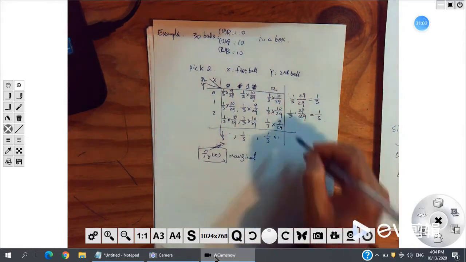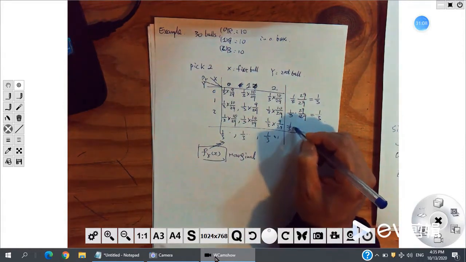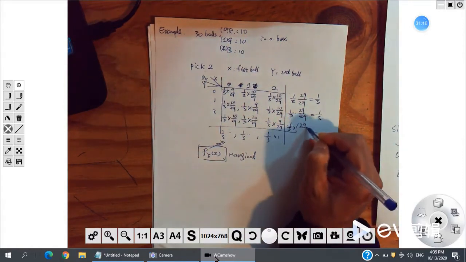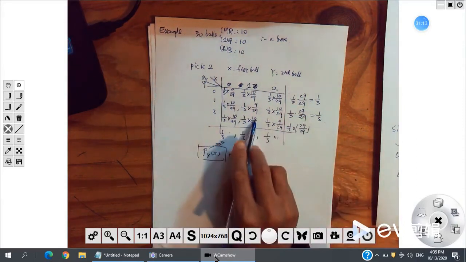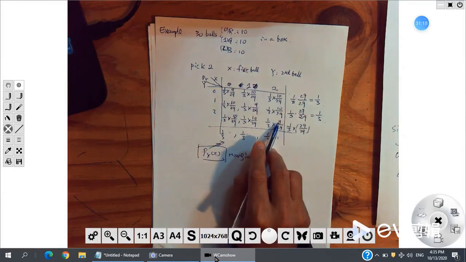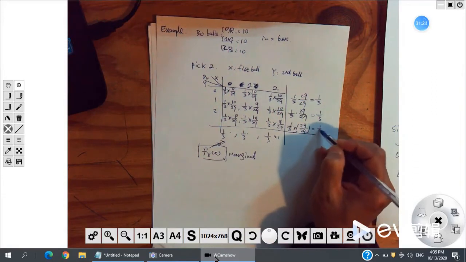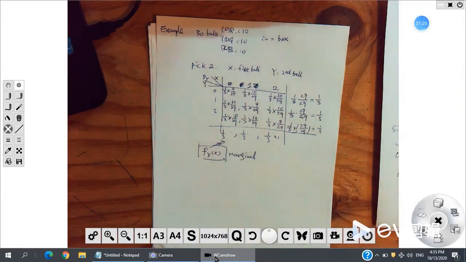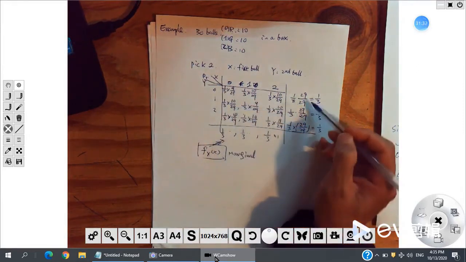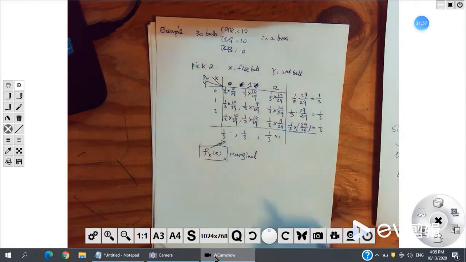The last one is similar: 1/3 times 29 over 29, since 10 plus 10 plus 9 is 29, so this is also 1/3. So we have the joint distribution here, and these are the marginal distributions, the marginal PMF.